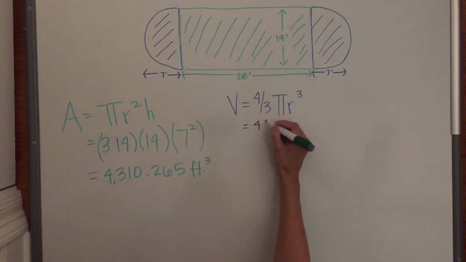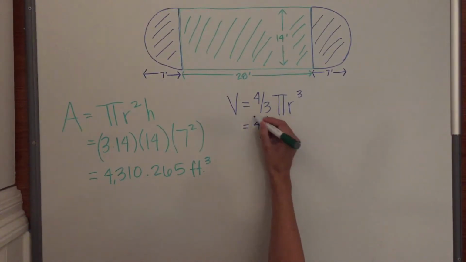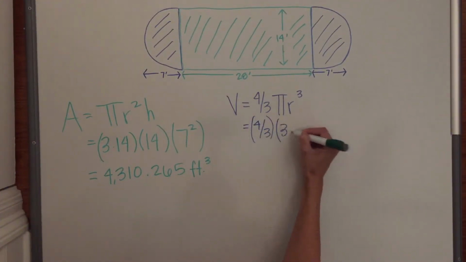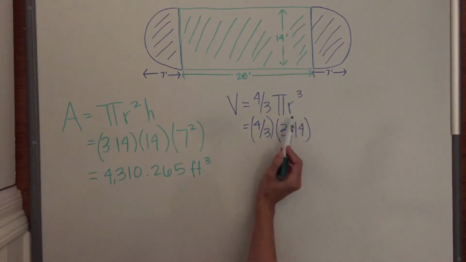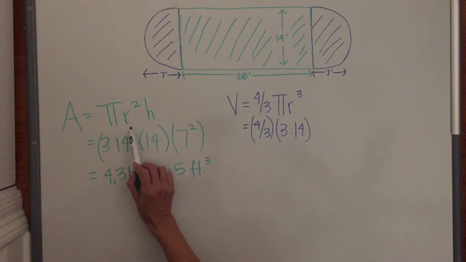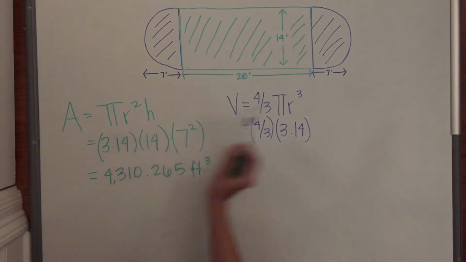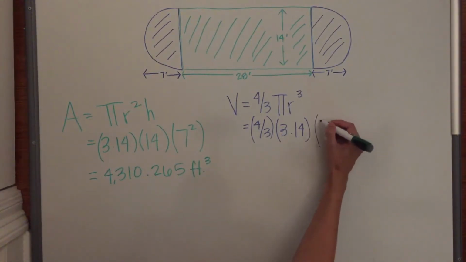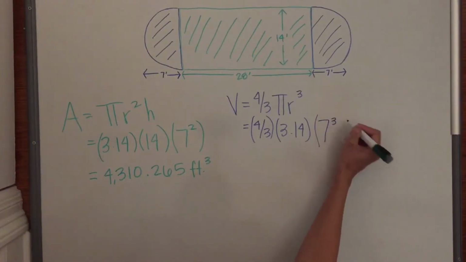So this will equal 4/3 times pi, which is 3.14, times r cubed. For the previous formula, r was 7, so we know that already, but here we have to cube it.